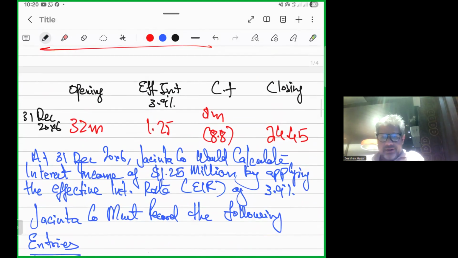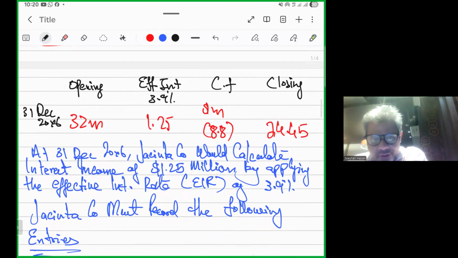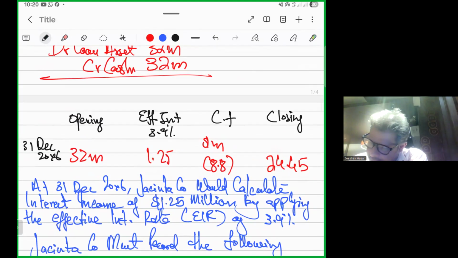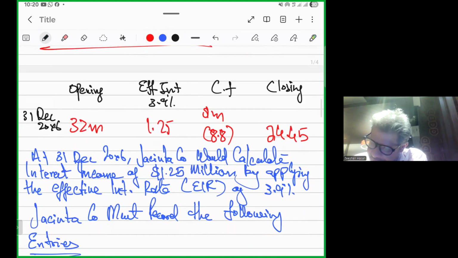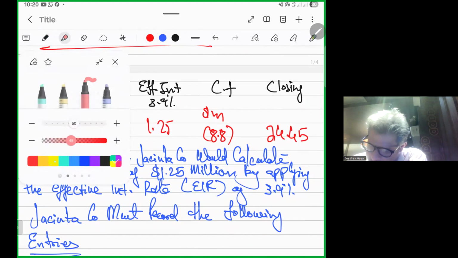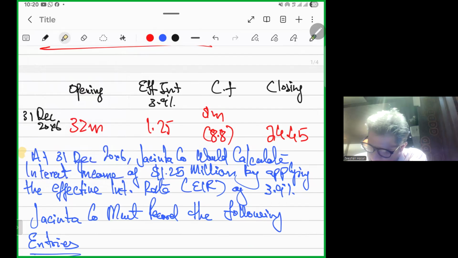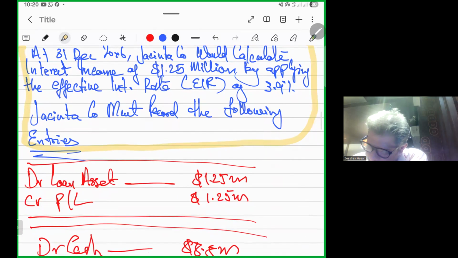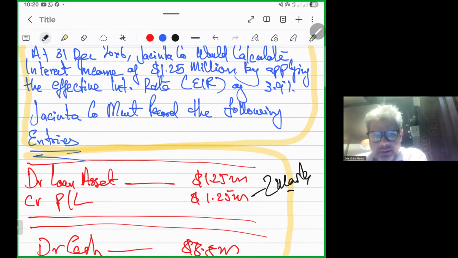Then for the amortization part, the amortized cost movement, again we got 2 marks.